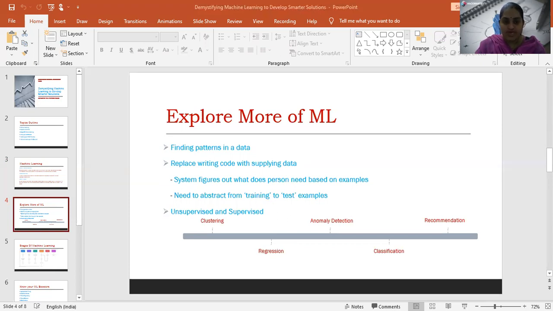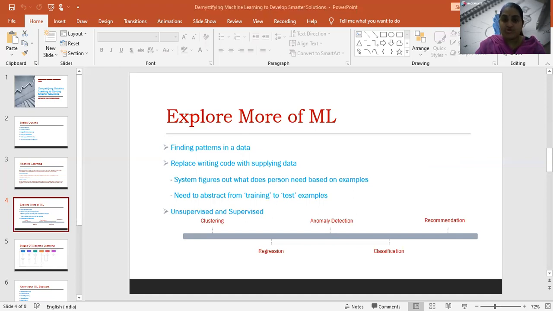Now coming to unsupervised learning, here a computer learns from unlabeled data. This approach is mainly used to find patterns in data and discover new meaningful insights. We have various methods like clustering, anomaly detection, and recommendation.